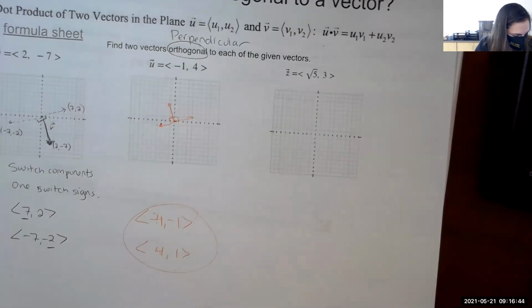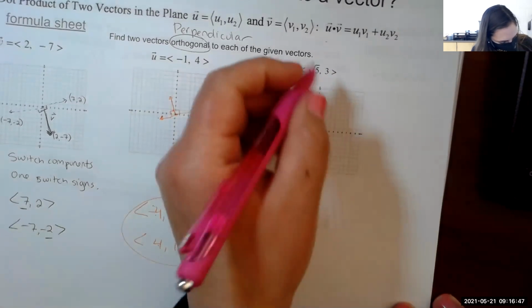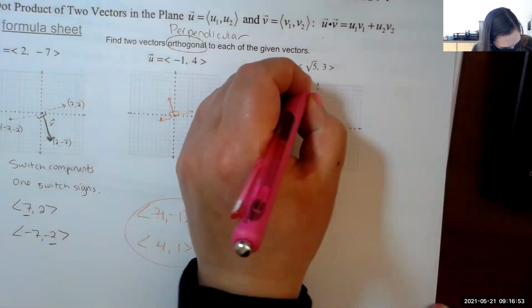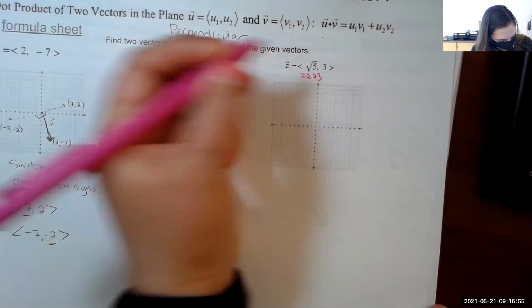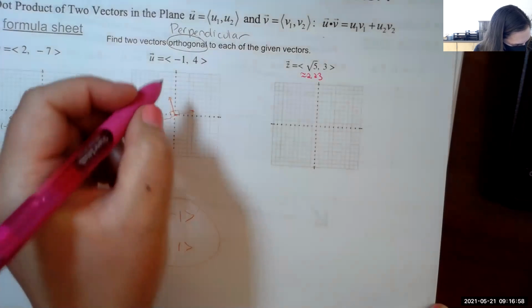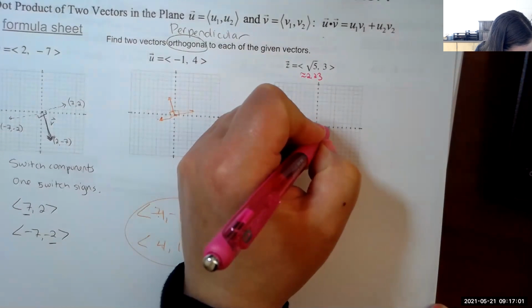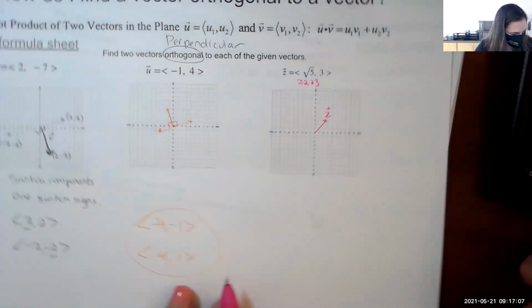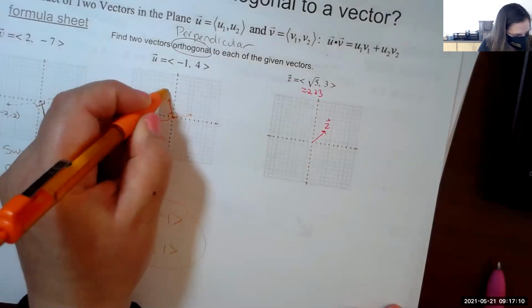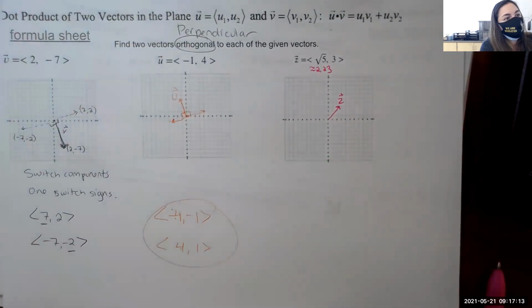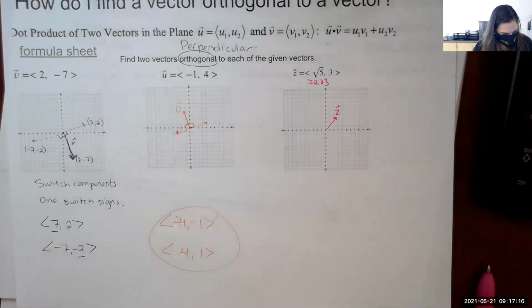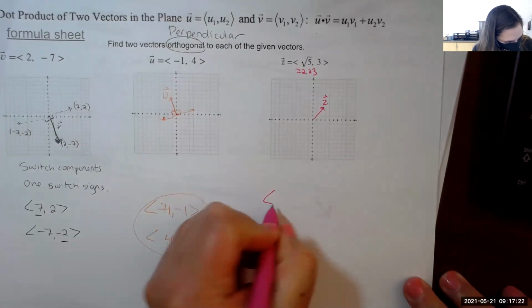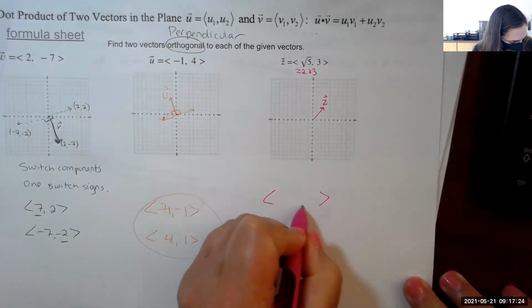Okay, we'll do one more. So we have vector Z in the direction of √5, 3. The square root of 5, let's see, what is that? That's about 2.23, okay? So this is my original vector Z. So 2.23 and 3. Just like this was my original vector U. To get my perpendicular vectors, I'm going to, again, switch the components.